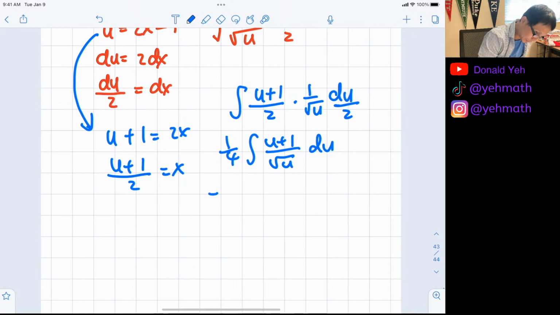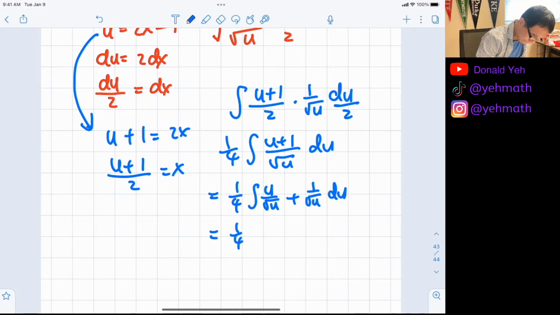And that's equal to 1/4 integration. Split this. u to the 1/2.